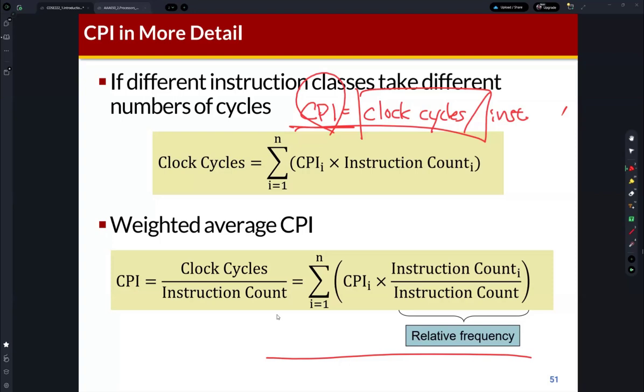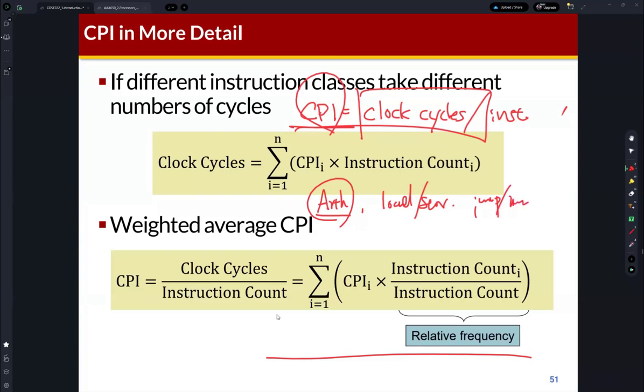But you also need to understand that there are many different types of instructions in a computer. In the previous class, I mentioned the arithmetic instructions, such as addition, subtraction, multiplication, and division, and then the memory instructions like load and store, and control instructions like jump and branch.